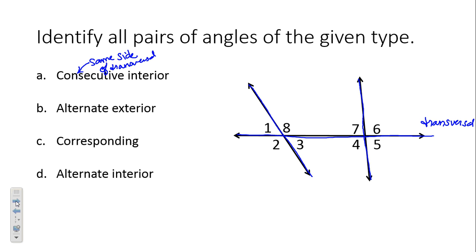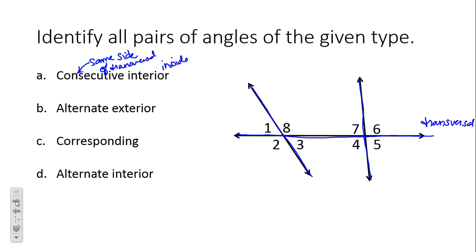Okay? Then interior means on the inside. So we want to identify all of the pairs of consecutive interior angles. First of all, which ones are inside?